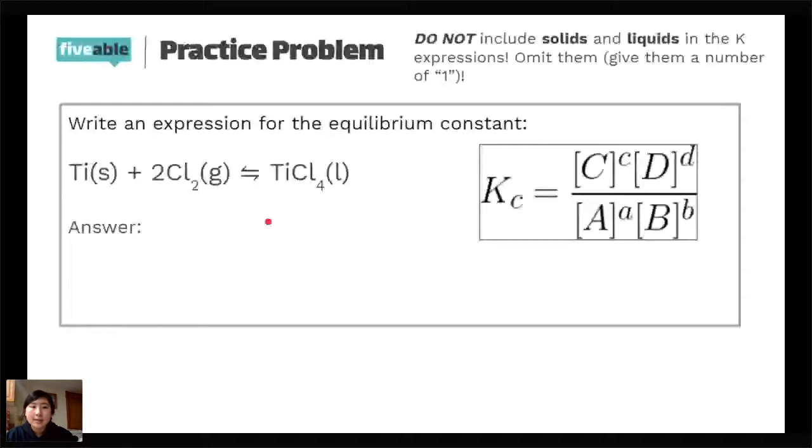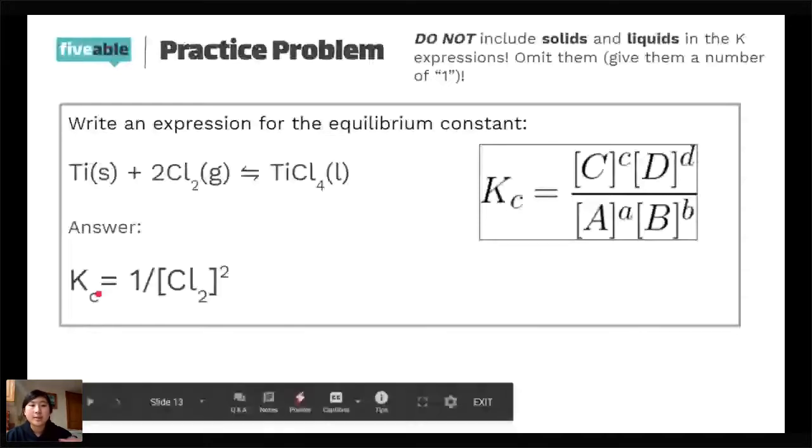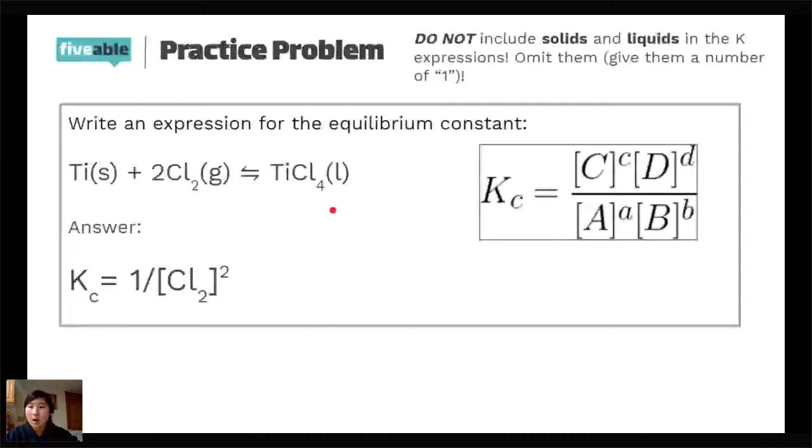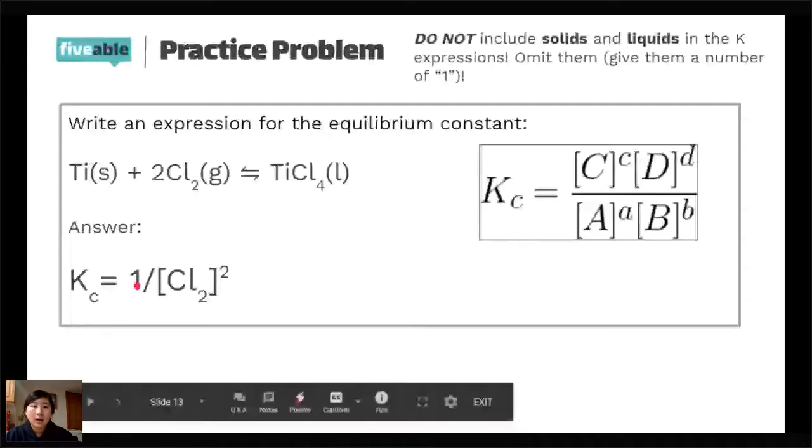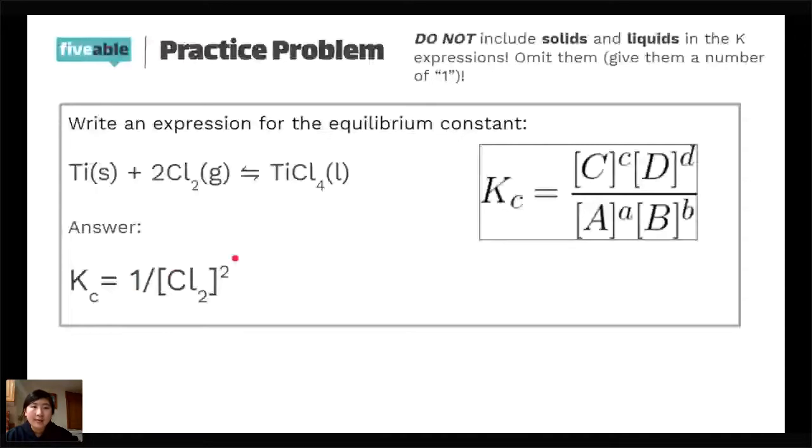So the answer is K, the equilibrium constant, is equal to 1 over the concentration of Cl2 squared. On the top, the numerator, it should be TiCl4. But since it is a liquid, it doesn't count. You should not include that in the equilibrium constant, so just give it a 1. Over here we have chlorine, Cl2, and we do not have the Ti, right?